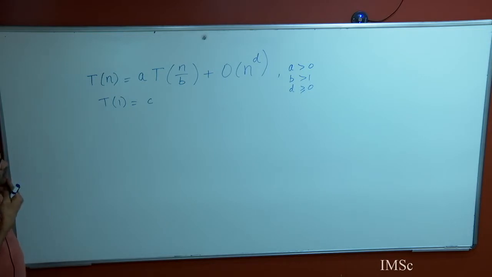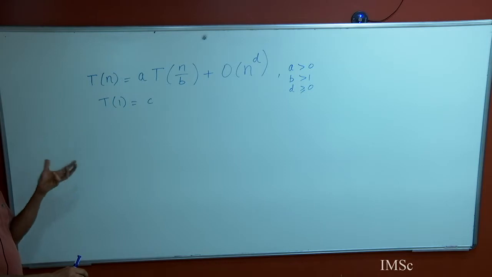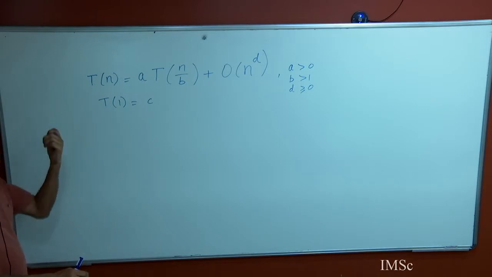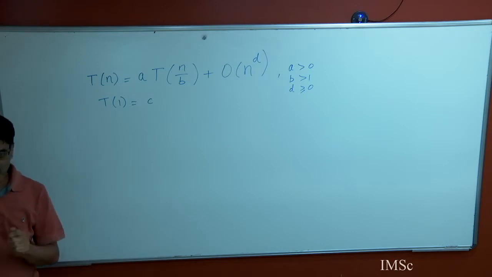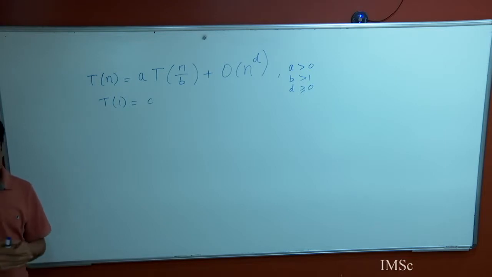So, we will solve this the way we have been solving recurrence relations, by just expanding it. The main thing is we want to find the closed form for this based on A, B and D, so that whenever we come across such a recurrence relation for a different algorithm, we know immediately what the solution is.